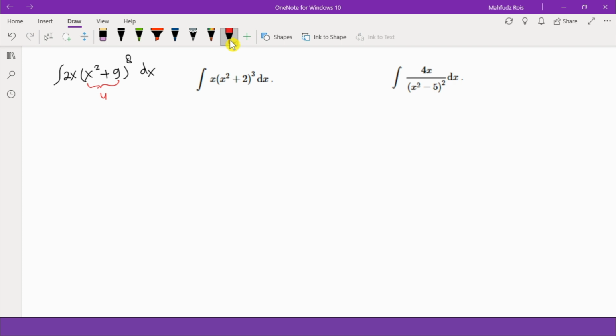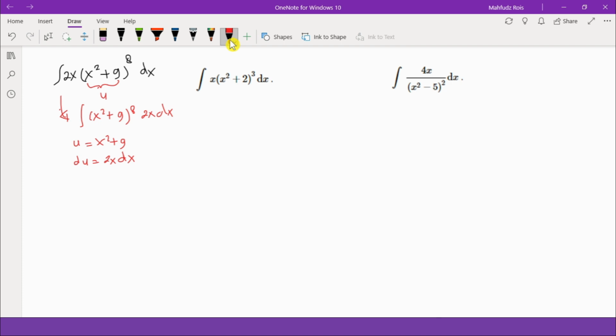Okay, so you can rearrange this one like this, maybe the integral of (x squared plus 9) to the 8th power times 2x dx. Then u will be x squared plus 9, and du will be 2x dx.